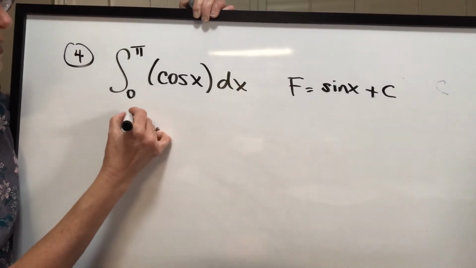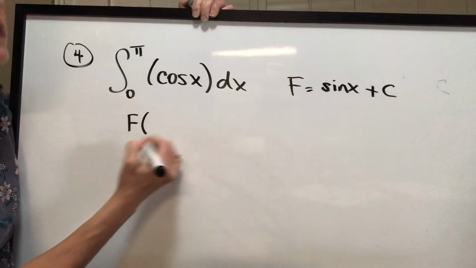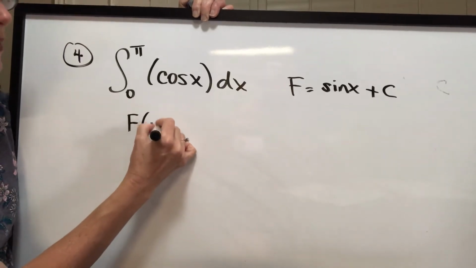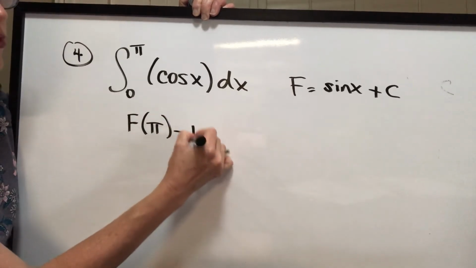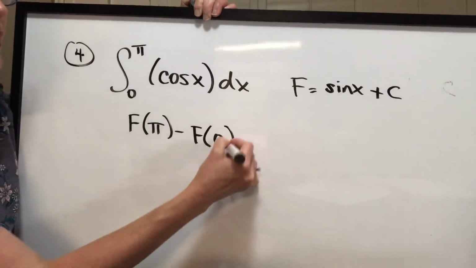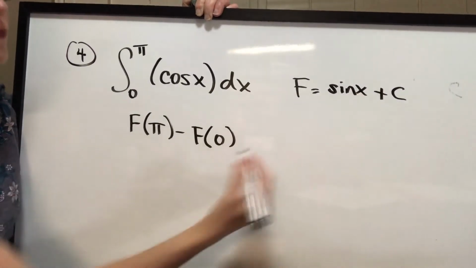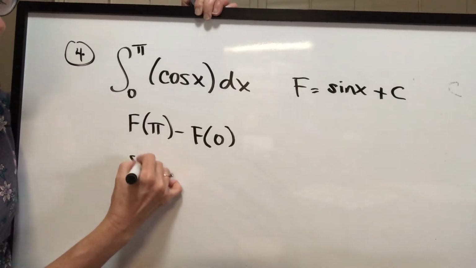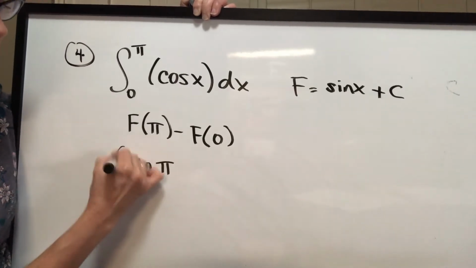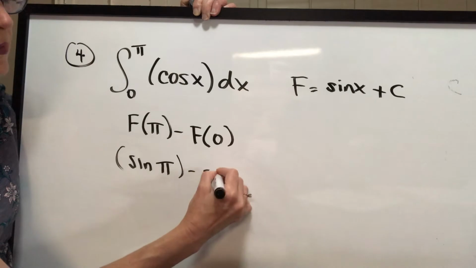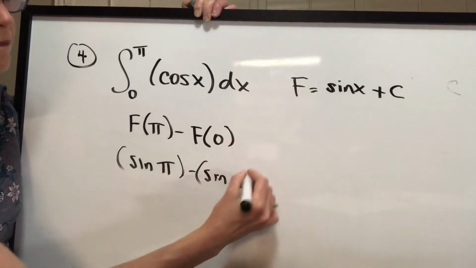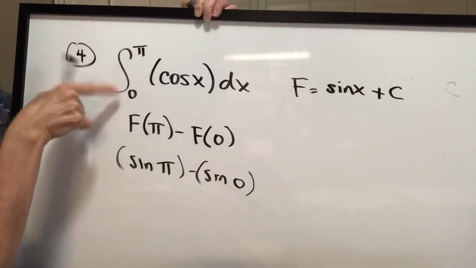So you're going to evaluate the antiderivative at pi, and then subtract the antiderivative at 0. We're plugging in pi for x, so that would be the sine of pi minus the sine of 0. These numbers come from the limits, pi and 0.